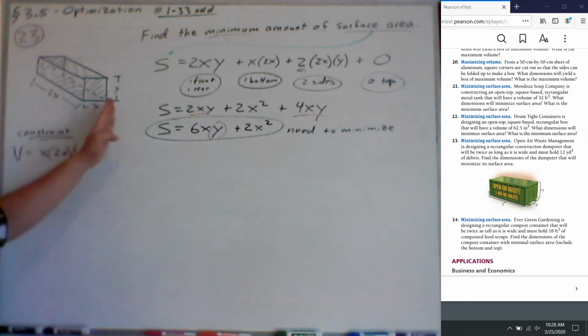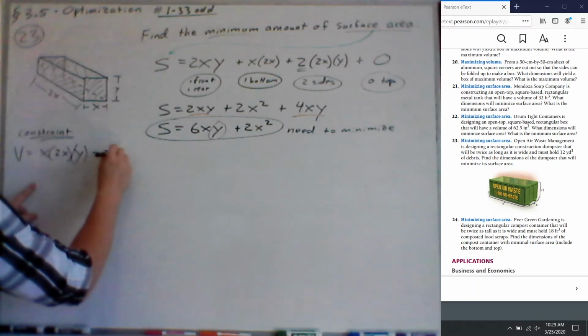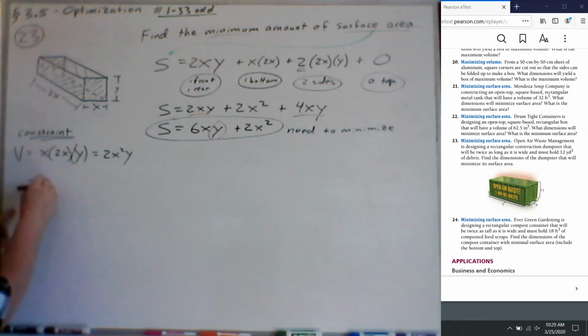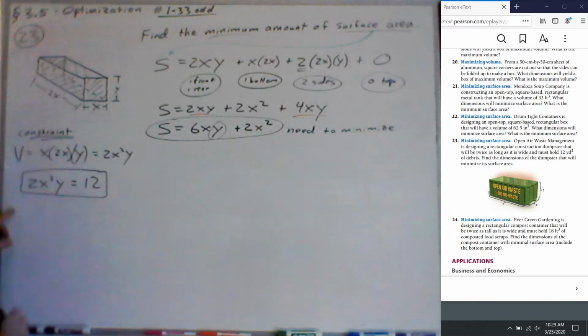When I find volume, I just do length times width times height. This will be 2x squared y. That constraint must be equal to 12 cubic yards, where x is in yards, 2x is in yards, y is in yards, so I get yards cubed.